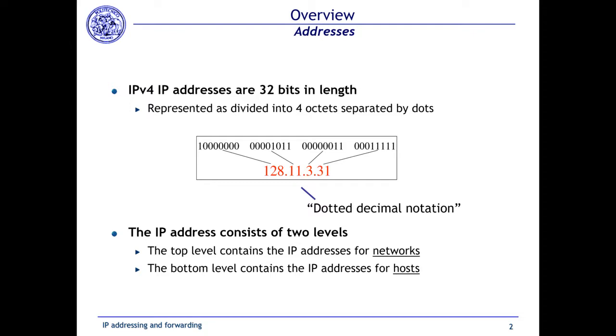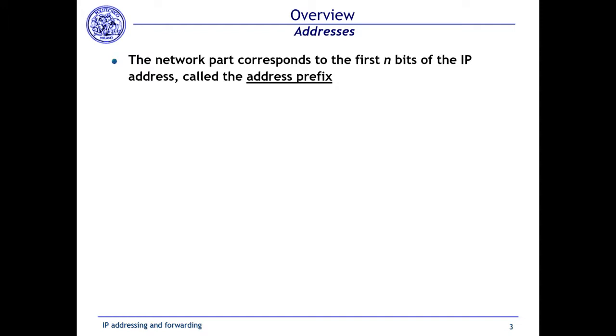The part that identifies the host is the one that ends with the least significant bit. The network part corresponds to the first n bits of the address, and it is called address prefix.